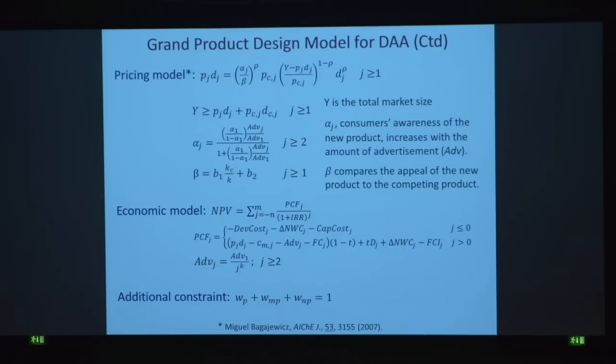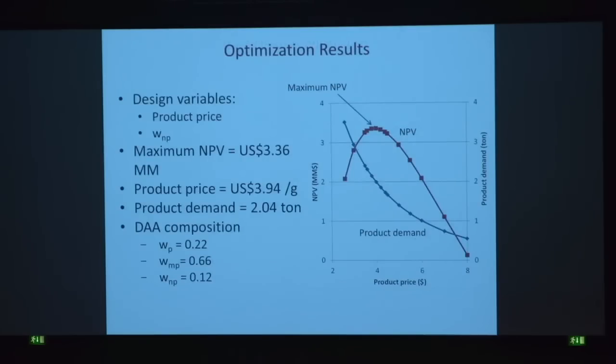The way we did it was we sent our project managers to different companies to show the product to them. Now, for the economic model, NPV is just a capital budgeting process where we look at the development cost and the project cash flow from year to year. And with the additional constraint, oh, by the way, I used the pricing model from a colleague indicated there.